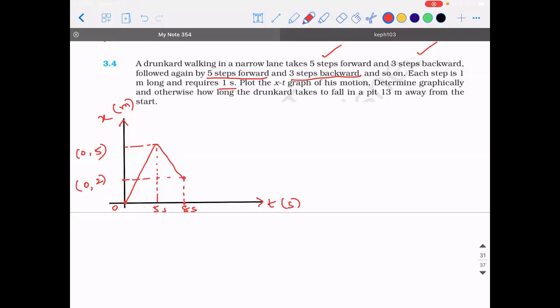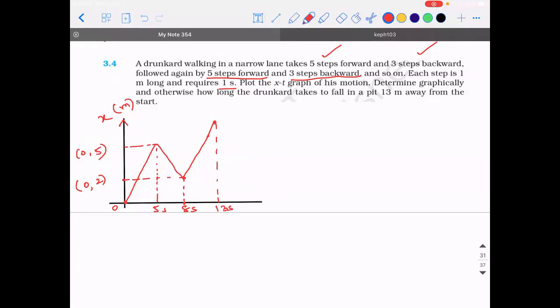Now this will be the starting point for the next 5 steps. So from here, how much would he have traveled? 7 meters. So he would be at a distance of 7 meters. By the end of the 7th meter, how much time has he consumed already? 13 seconds. Very good.